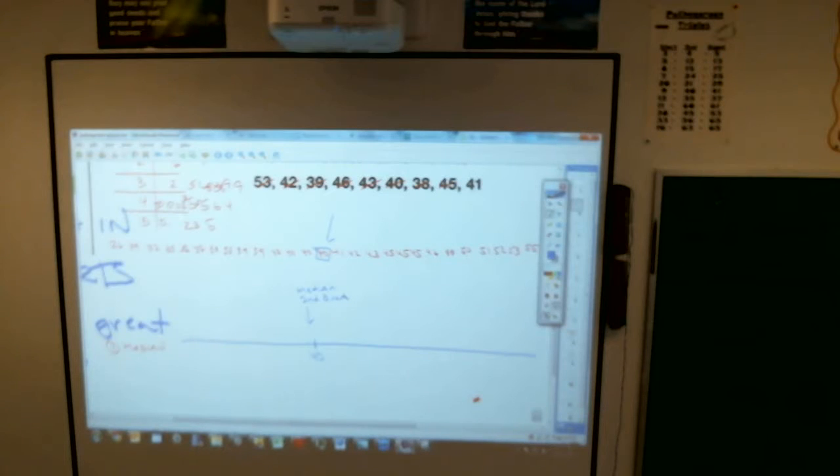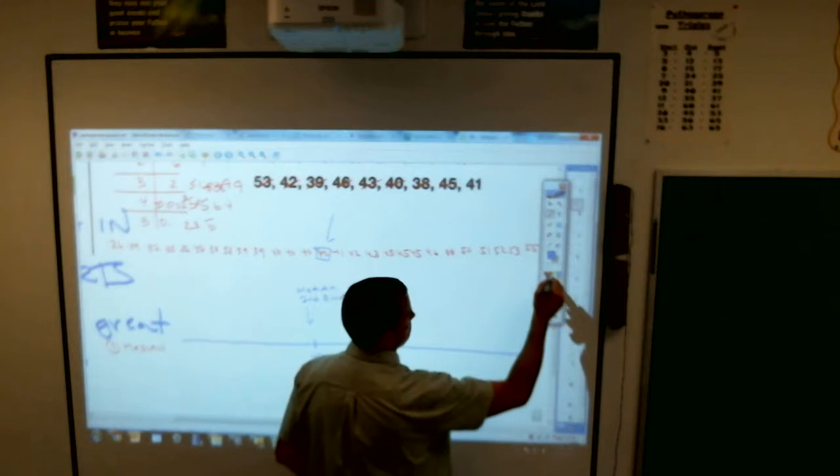Okay. Think about what the median means. What does the median mean? The median means that half the numbers are below that, half the numbers are above that, right? Is the median the same as the average? Not necessarily. It might be close, but it's not the average. Now, step number 2.